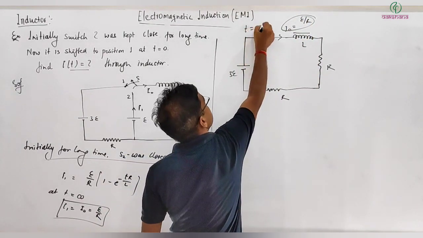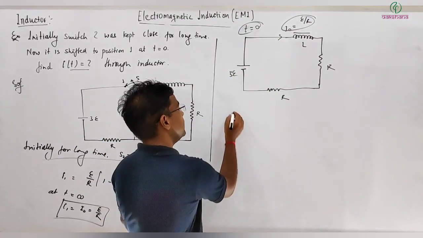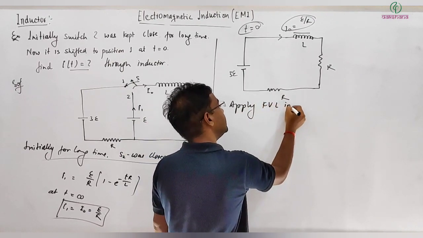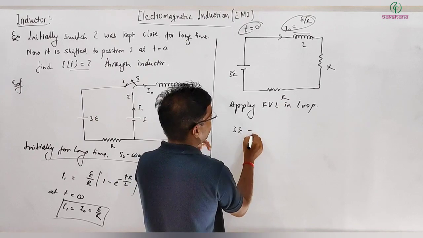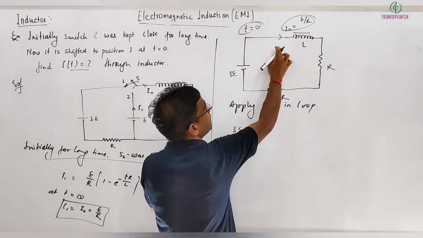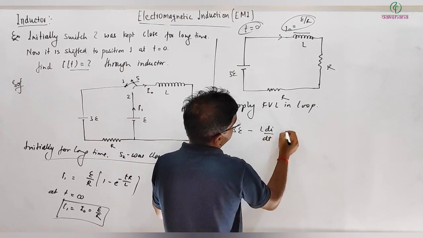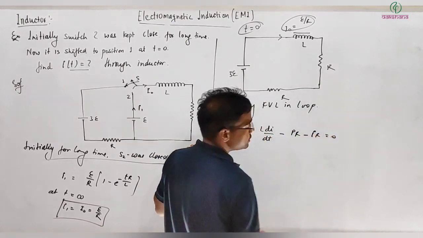Now at t equal to 0, what can I do? Again we can apply KVL in the loop. So I can write 3E minus L di by dt minus IR equal to 0.